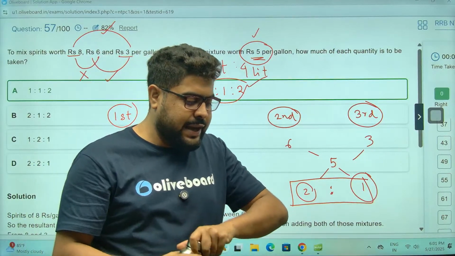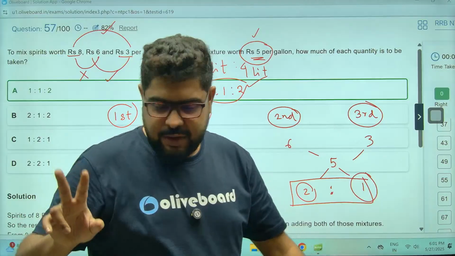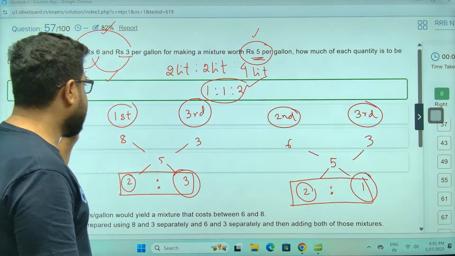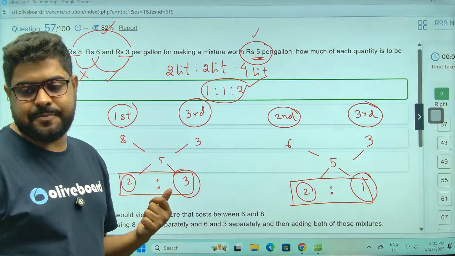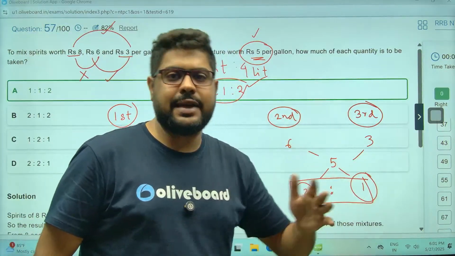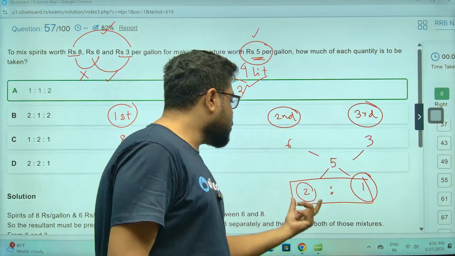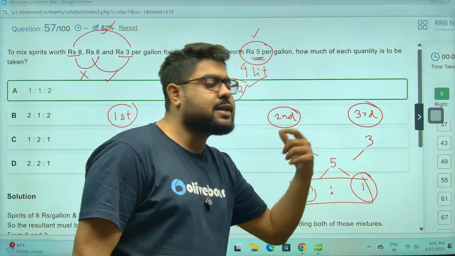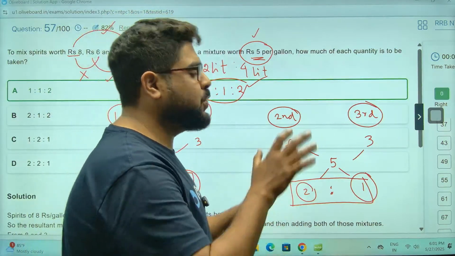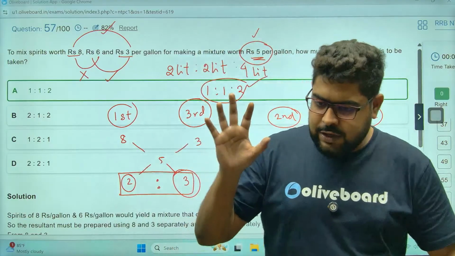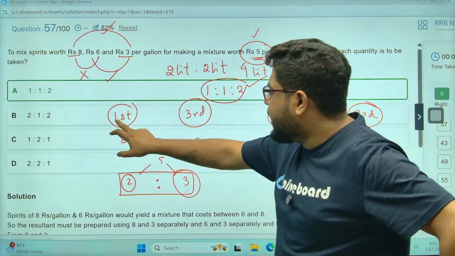Think, I need to alligate twice, right? So first alligation, I'm taking 2 liters of first mixture along with 3 liters of the third mixture. Second time alligation, I'm taking 2 liters of this mixture and 1 liter of the third mixture. So ultimately, what happens, please understand. You think like this, Reena. First I have alligated these two.